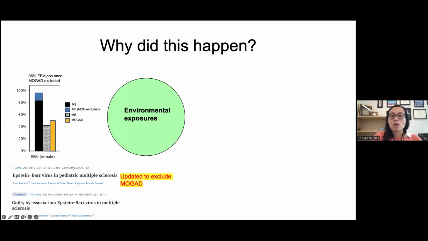in thinking about environmental exposures, one of the most significant environmental risk factors for MS is exposure to the Epstein-Barr virus, or EBV, the virus that causes mononucleosis, or mono as many people know it.